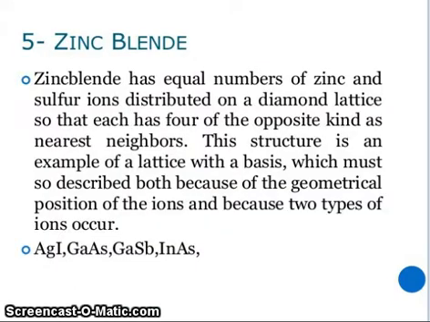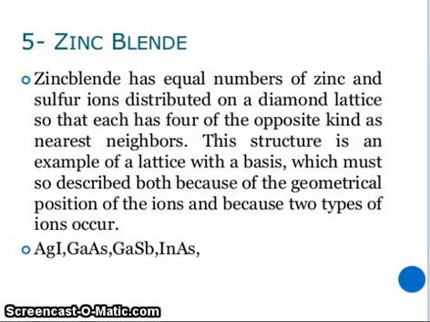And zinc blende. Zinc blende has equal number of zinc and sulfur ions distributed on a diamond lattice so that each has 4 of the opposite kind as nearest neighbors.